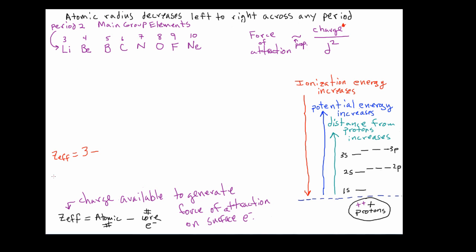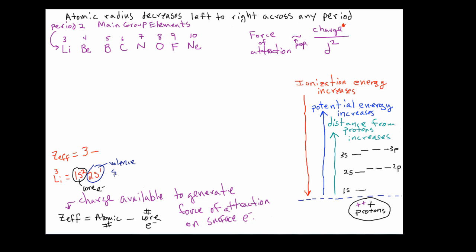Now, we need to know what the core is. So to generate that, what I'm going to do very quickly is write the electron configuration. So the configuration for lithium will be 1s2, 2s1. All right, and I'm going to circle, it would be better, the core. All right, these are your core electrons. And the electron that we find in 2s1, this is your valence.